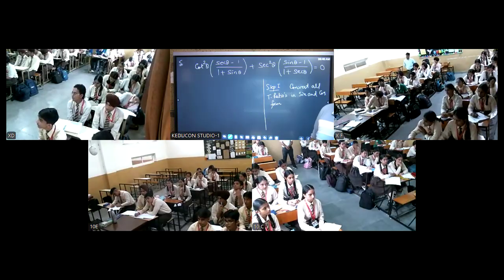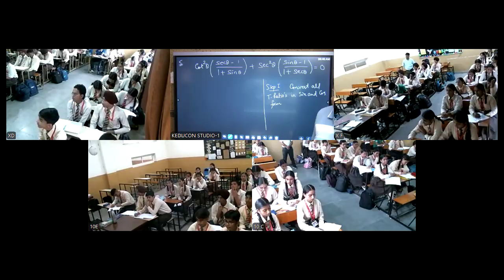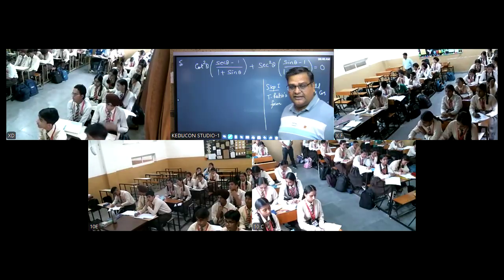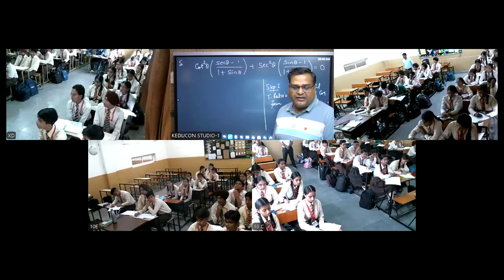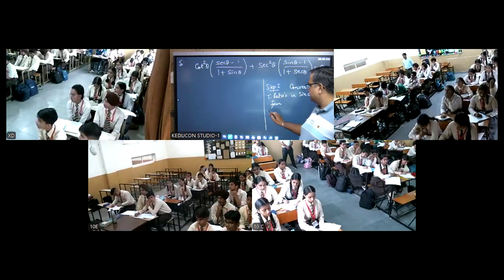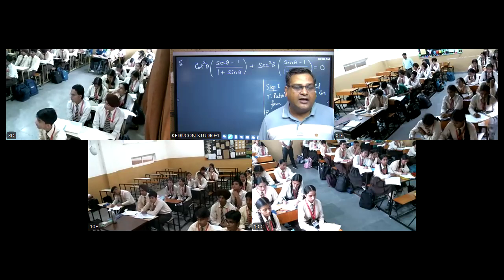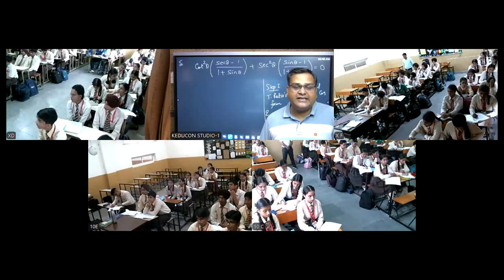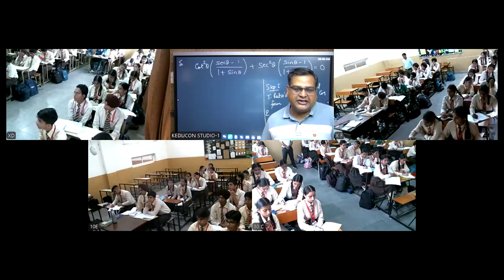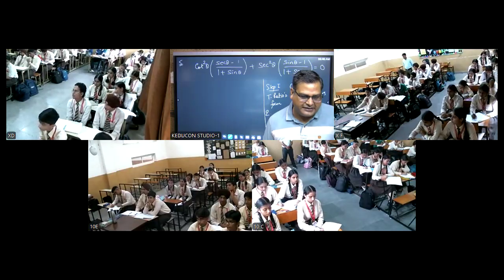Is this clear? Whether it's cot theta, cosecant theta, sin theta, everything should just be changed into the form of sine and cos. What is the second step? Second step is, students, apply algebraic identities or take LCM or rationalization. Any of these or all of these can be applied, right?